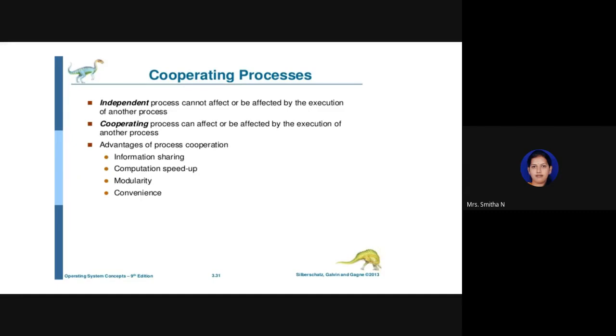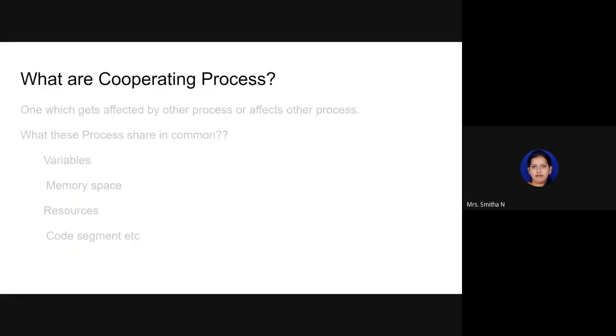When we have this many advantages, we have so many disadvantages also with the cooperative process. This chapter is entirely about that: since we have advantages, we use cooperative processes in the system, and then we come across some disadvantages. We'll see first what disadvantages we can come across.